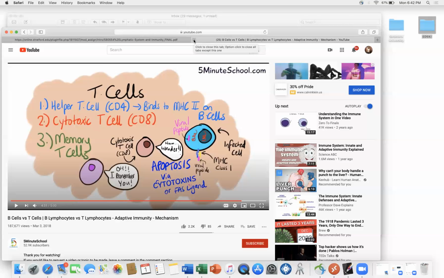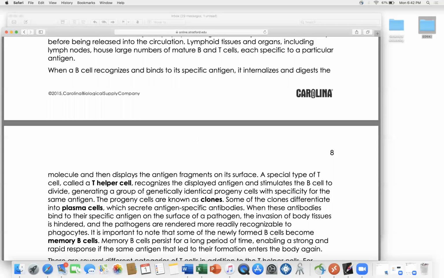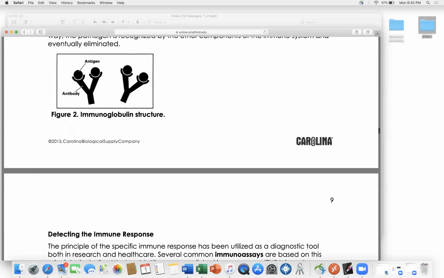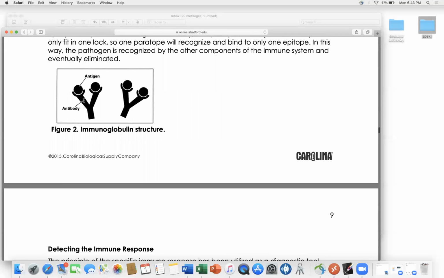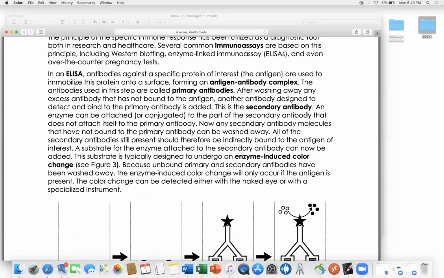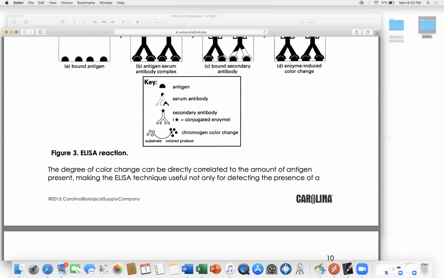And all of these proteins happen to be in the serum of your blood. All right. So that's a nice video of all these words. And this is antibody hooked up to antigen, but you saw that as a little bit better picture. So that's T cell mediated immunity versus B cells.